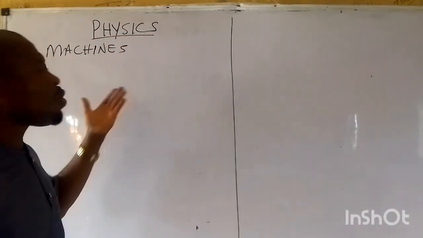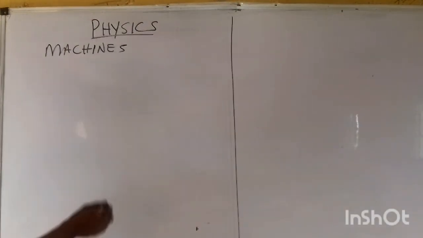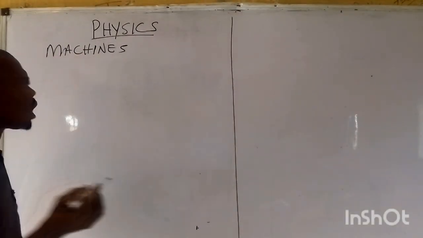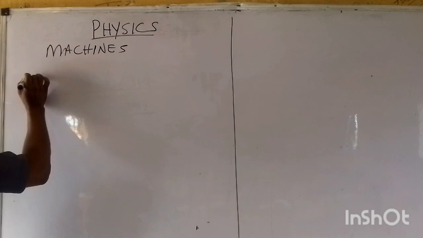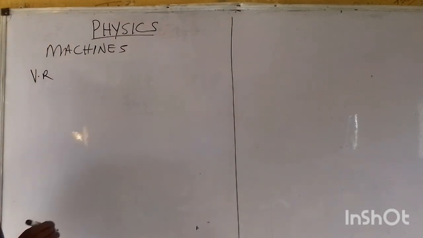Now, let us look at some of the terms that we use in machines. One of the terms we use in machines is the velocity ratio.